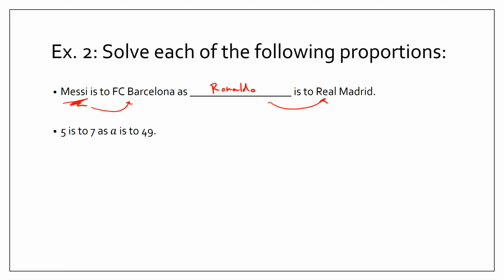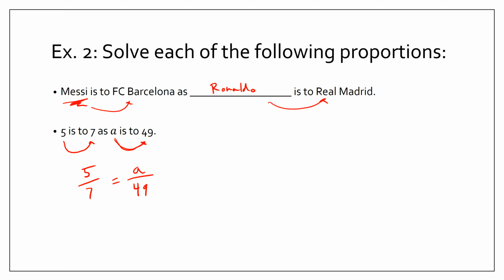So how it applies to the math is this. I know that 5 is to 7 as A is to 49. In other words, I have this ratio, 5 over 7. And they're saying I have this other ratio, and it is equal to the first ratio.